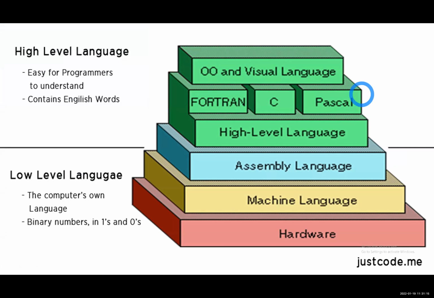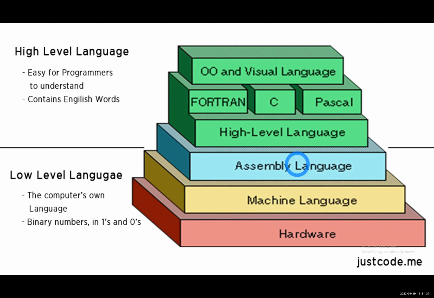So here are the different languages that are at play in a computer. We have our hardware and our machine language. Machine language, trust me, don't try to learn that. It's illegible. It's for machines. You're like in the Matrix, if anybody remembers the Matrix.